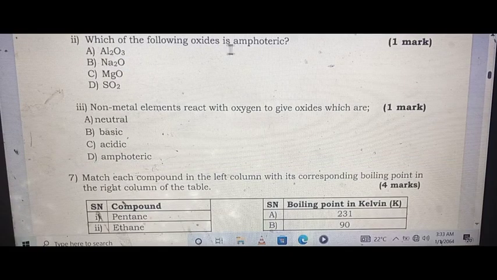Which of the following oxides is amphoteric? The correct answer is A, aluminium oxide. 3. Non-metal elements react with oxygen to give oxides, which are. The correct answer is letter C, acidic.